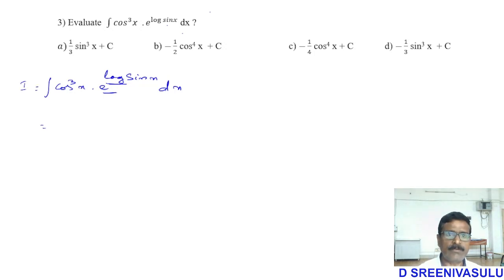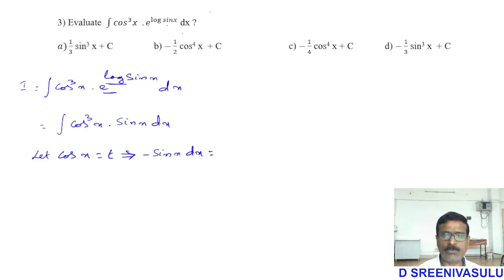This is equal to the integral of cos cubed x into sin x dx. Let cos x be equal to t. Then the differentiation of cos x is minus sin x dx, which is equal to dt. But here we have only sin x dx. This implies sin x dx is equal to minus dt.